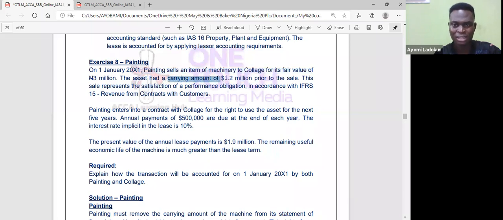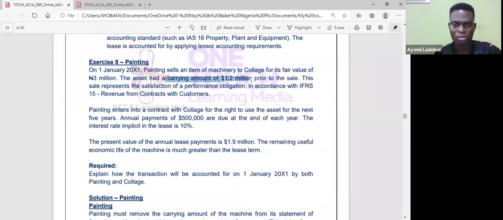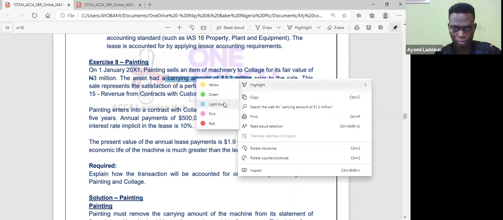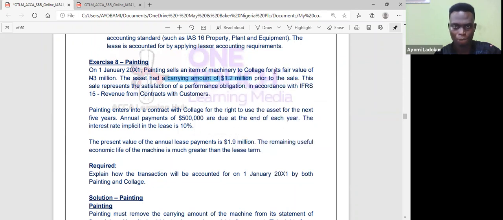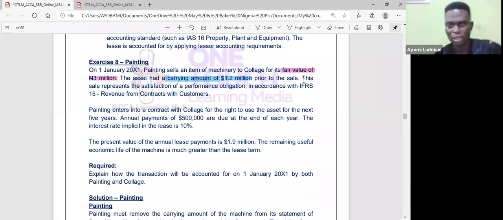Let me highlight it, carrying amount of 1.2. I'm also interested in the fair value. Now, this sale represents the satisfaction of a performance obligation in accordance with IFRS 16. So it is a sale, I don't have a problem with that. If it is not a sale, that proceeds will be treated as a loan.